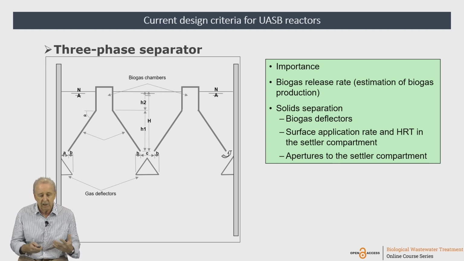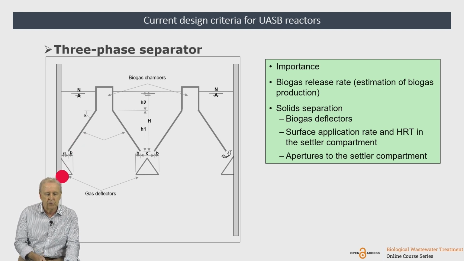And the suggestion that we give is that usually we reach a good design when we use this magic number of 3 meters between the axes of two three-phase separators.